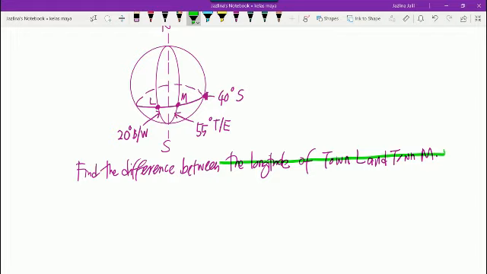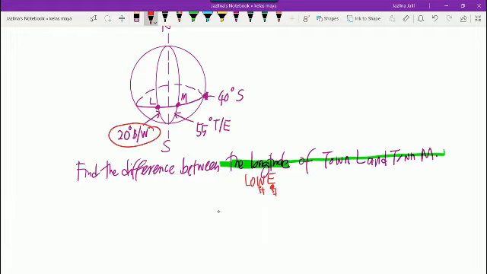Important keyword for this: the longitude. Remember, long, L-O, low. It will be love won't end. Love won't end. So it will involve west and east. Now, which ones have west or east?